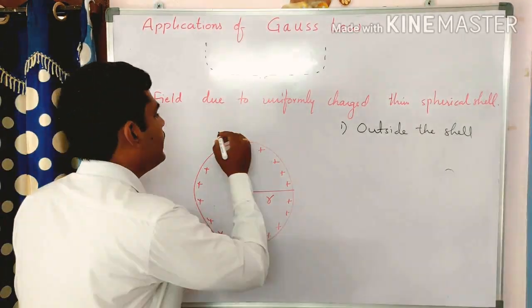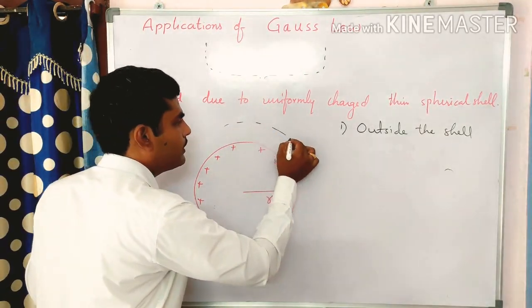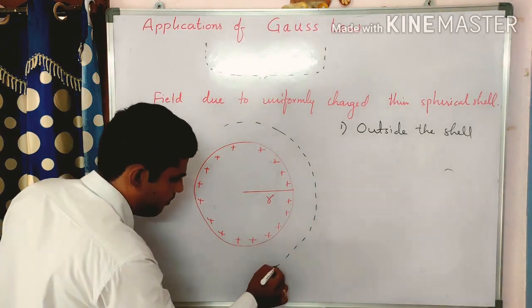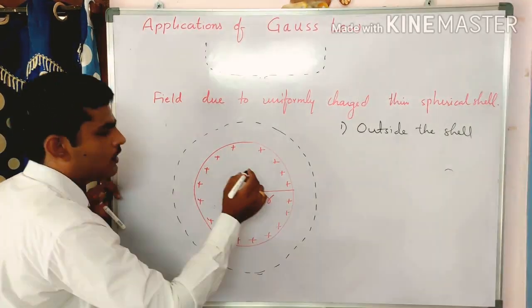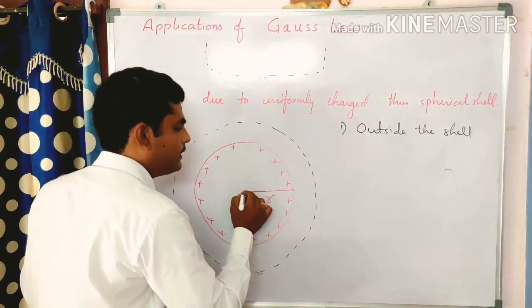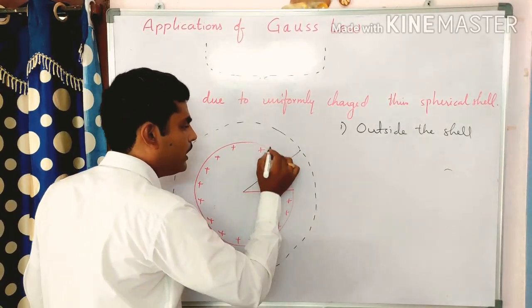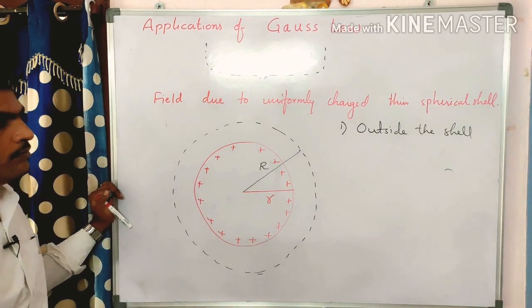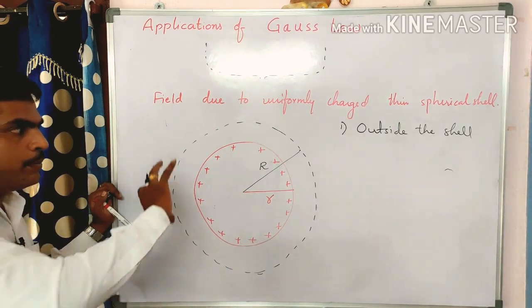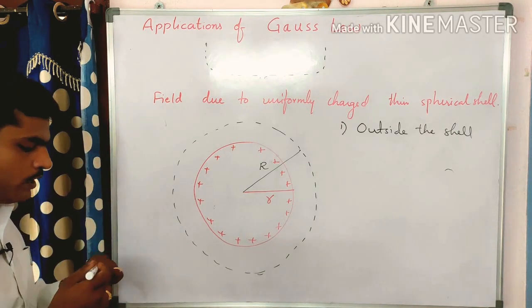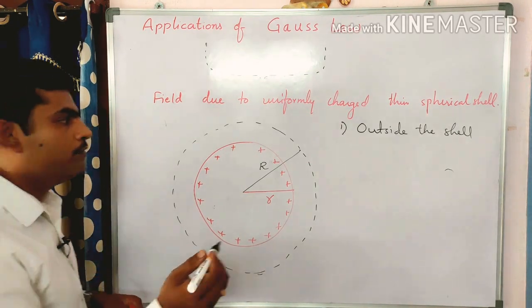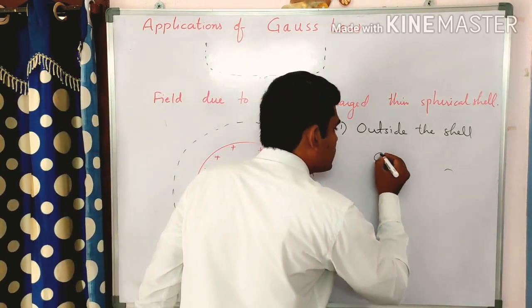Outside the shell, let us take a Gaussian surface. This Gaussian surface is at a distance r from the center of the shell. Now again the same story as previously: first we find the flux.